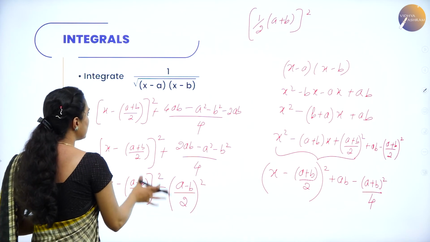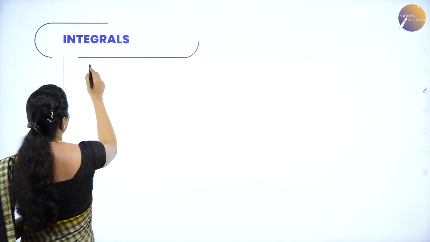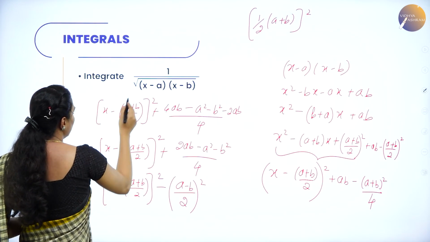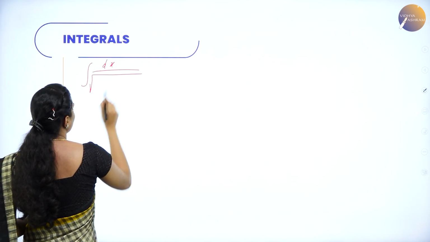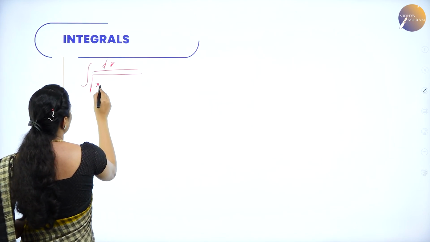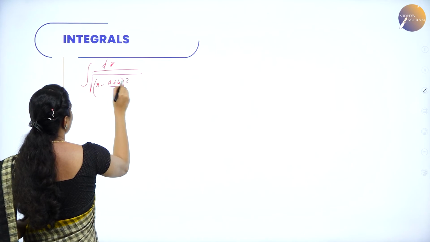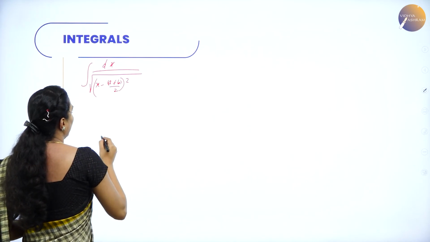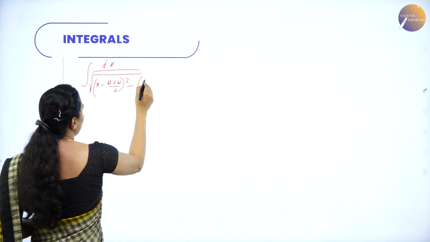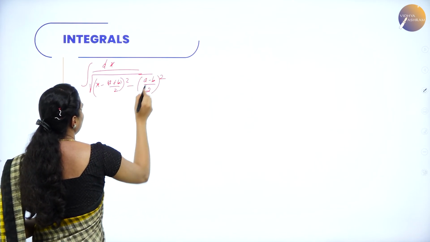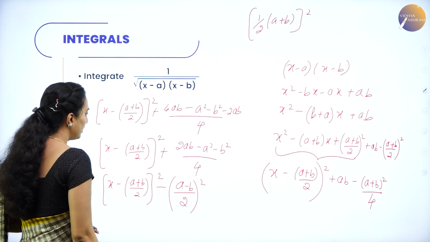Now writing this here, you are getting integral of dx divided by under the root of x minus (a plus b) divided by 2 whole squared, again minus (a minus b) divided by 2 whole squared. I hope you understood this step.